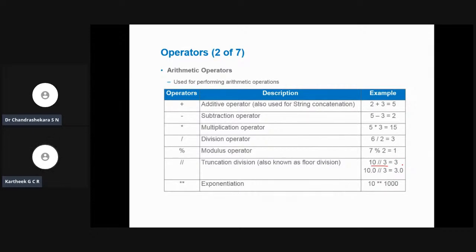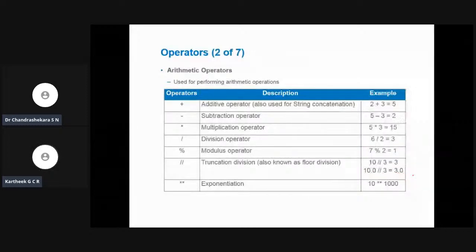And for the floating point case, it just gave 3.0 to retain the floating point operation. That's all. That, guys, is the arithmetic operators for you in Python.